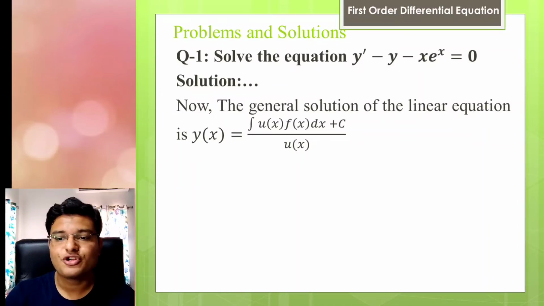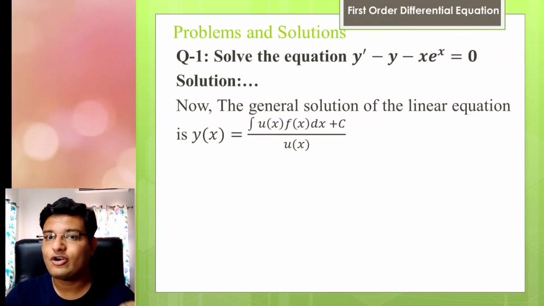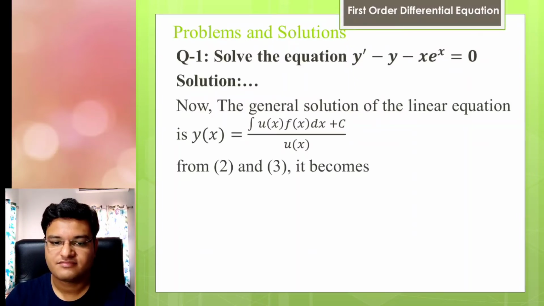Now the general solution of the linear equation is y of x is equal to integration u of x into f of x dx plus c upon u of x.